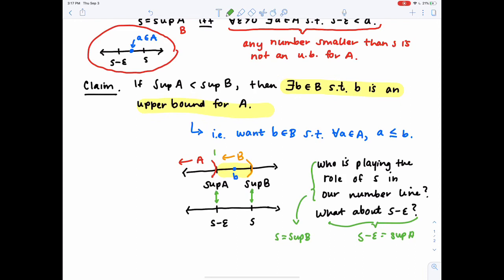Epsilon is always the measure of that gap. You could take what I wrote down for s and s minus epsilon and use arithmetic to figure out what epsilon is, but it looks like the epsilon value we're looking at here is specifically the distance sup B minus sup A.